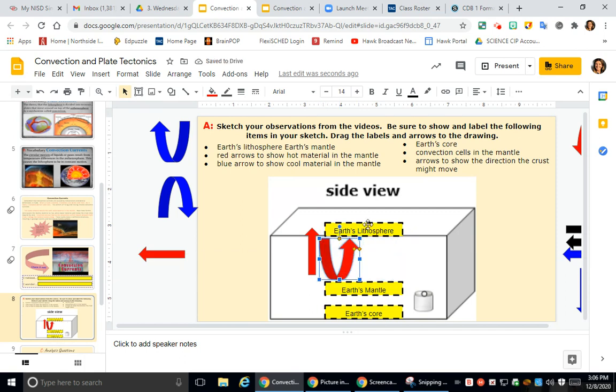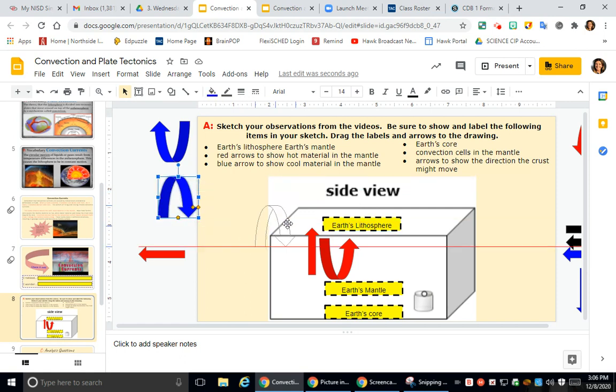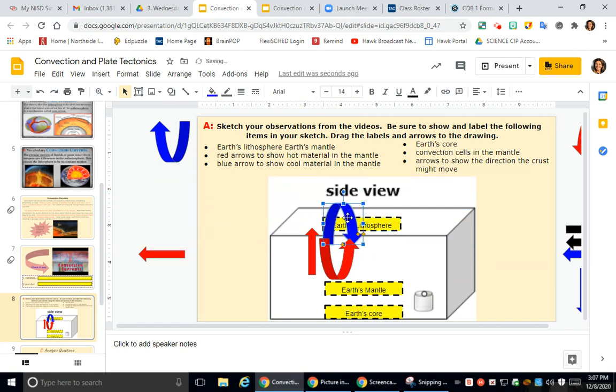So the mantle's asthenosphere is rising because it's getting heated by the mantle. And then what we have is that cool material sinking to get heated back up by the mantle, right? So let me just put this over here so you can see a little bit better.